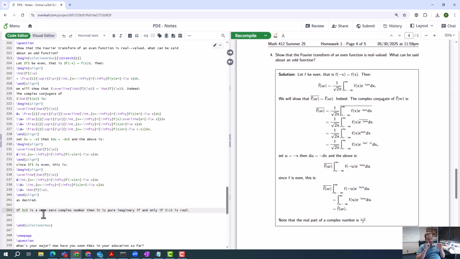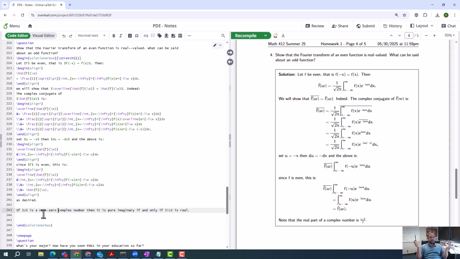a plus ib, you multiply that by i, you get minus b plus ia. If z is pure imaginary, that means that a is equal to 0 and b is not equal to 0. So if you have a complex number where a is equal to 0 and b is not equal to 0, and you multiply that by i, it just becomes minus b. And if i times the complex number is minus b, that means that the imaginary part is 0, so it is real.